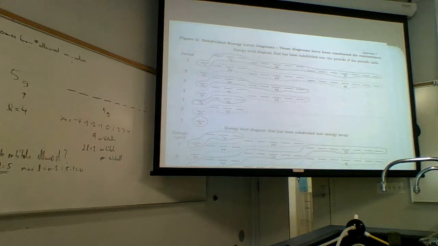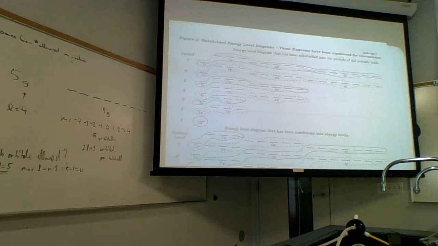If it's 3, 2, then what are my possible m values? They are minus 2, minus 1, 0, plus 1, plus 2. That's 5. So 3, 2, minus 2, 3, 2, minus 1, 3, 2, 0, 3, 2, 1, 3, 2, 2. Do you see this pattern that comes up? All right, and so it goes from 4s to 3d to 4p.